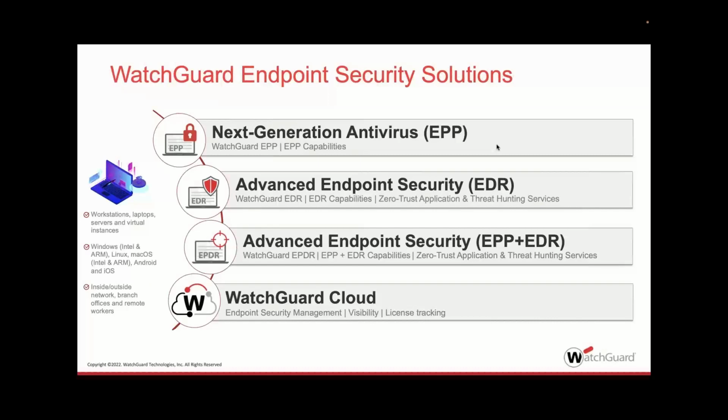We can have an antivirus, in other words, and that's what EPP means, that can, for example, run alongside an existing endpoint detection and response product, but we can also have the opposite. We can have that Zero Trust Application Service and the threat hunting capabilities as an EDR standalone configured agent that can do endpoint detection and response and have a third-party antivirus product installed alongside it.